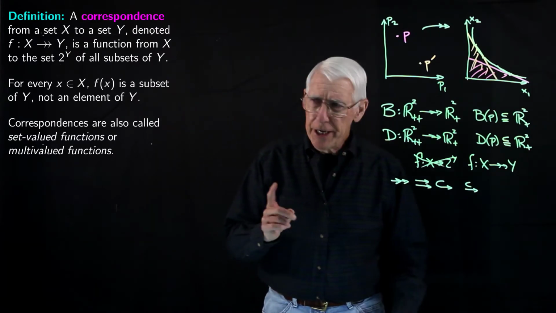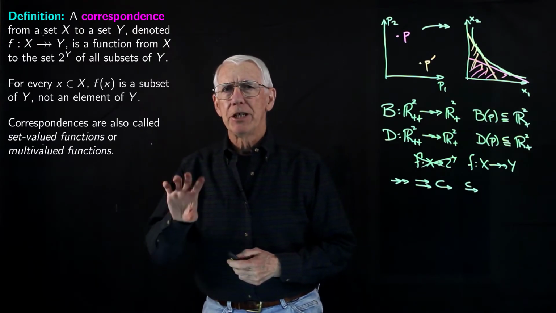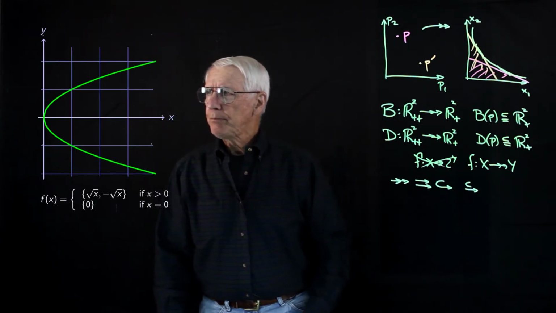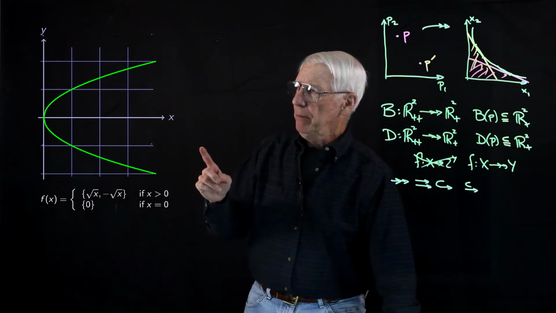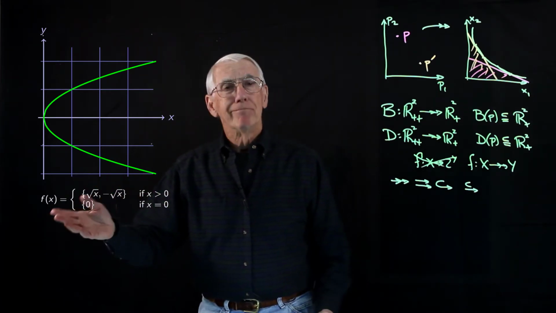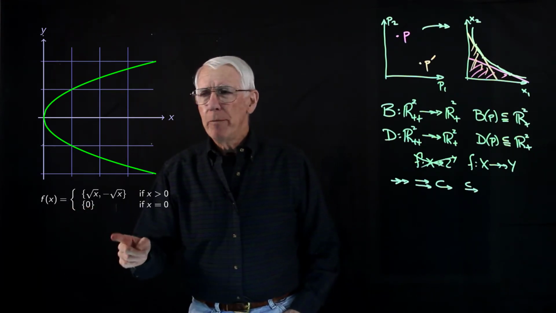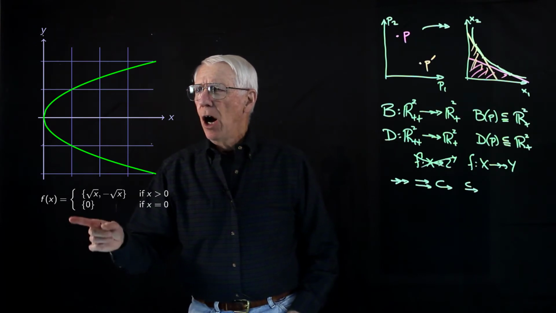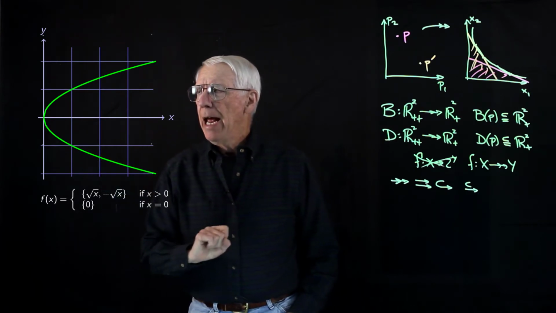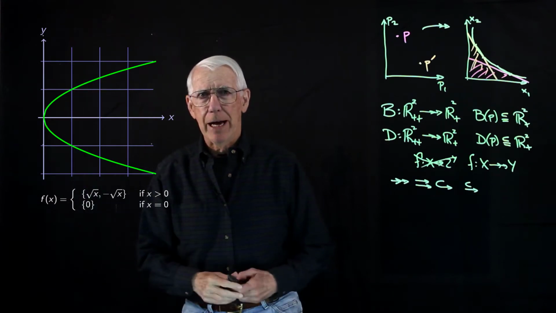And so let's now give several examples of simple correspondences. Here's our first example. We have a correspondence f, and for every element of the domain, here the domain is R plus, the x's in the diagram, and the target space is all of R, so all the positive and negative values of y.